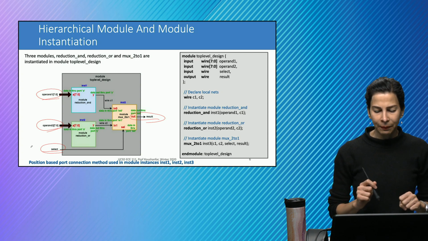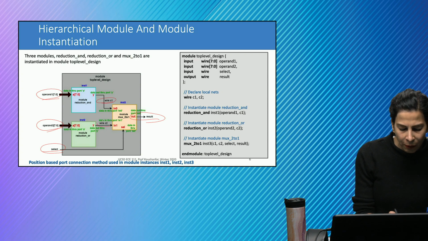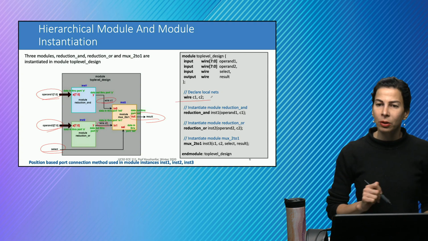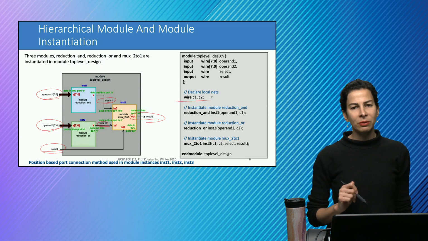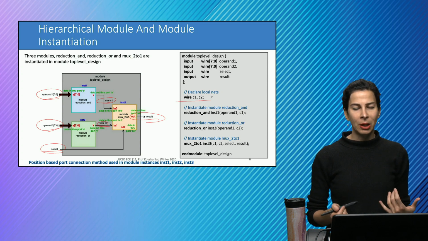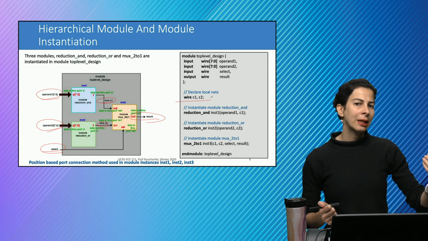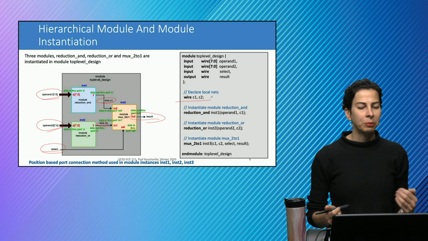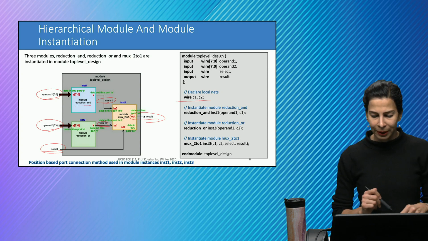Then I'm going to have these local variables, the wires C1 and C2, which are declared here. Then we're just going to instantiate a module. When we instantiate a module, we say what will be the input to that module and what will be the output. In this particular case, the input to the reduction AND will be operand 1, and wire C1 will be the output.